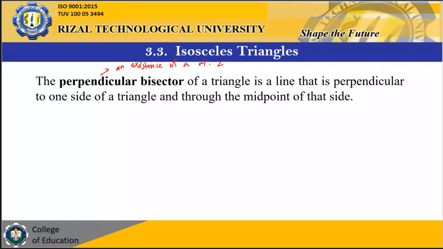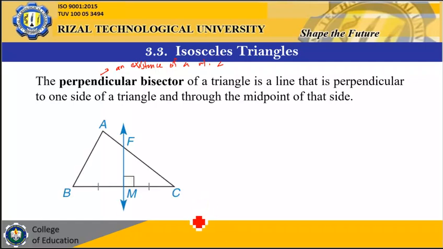If we illustrate that, this is the illustration of the perpendicular bisector. The perpendicular bisector of triangle ABC is line FM.